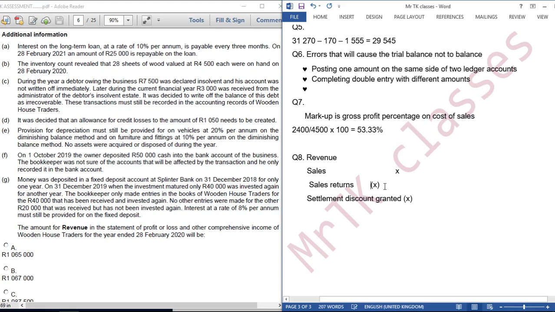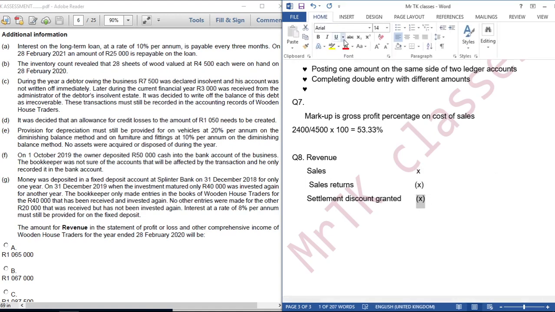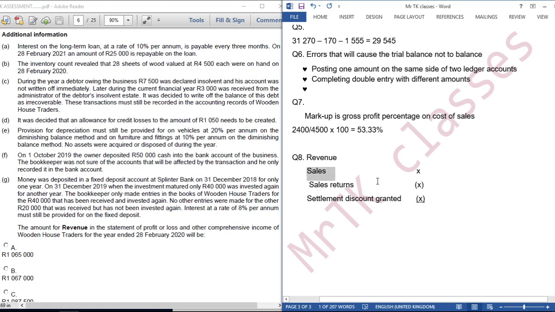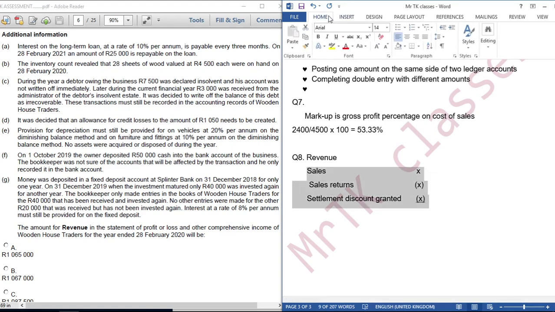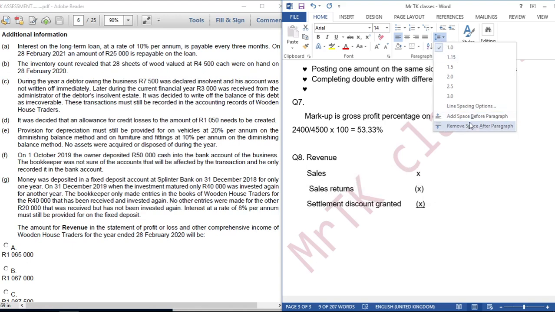We know because if we sell, we'll give our customers a discount. So that is settlement discount granted. Settlement discount received is the one that we get if we buy. That's when we receive a discount. So here it is settlement discount granted. All right.